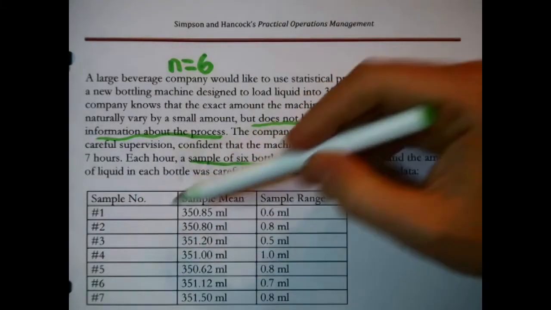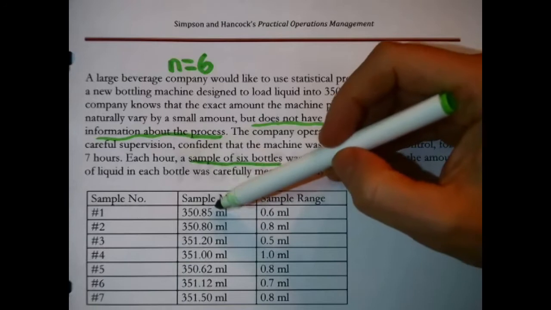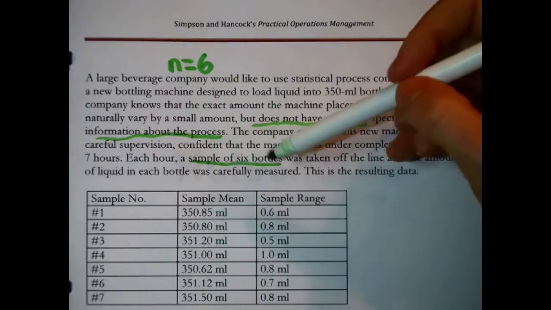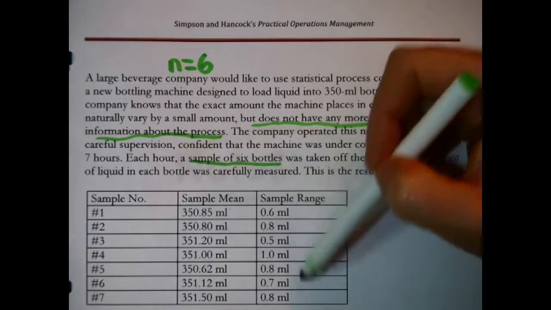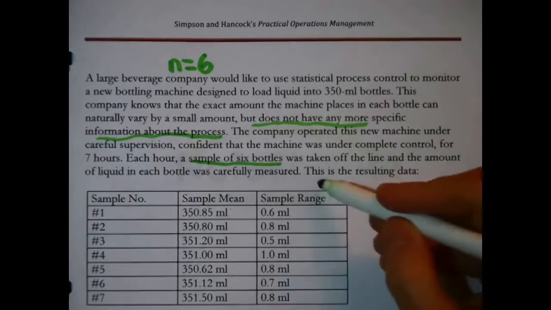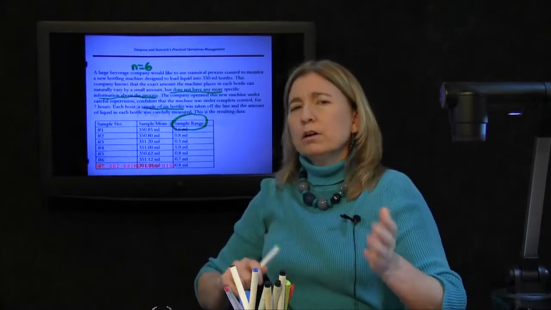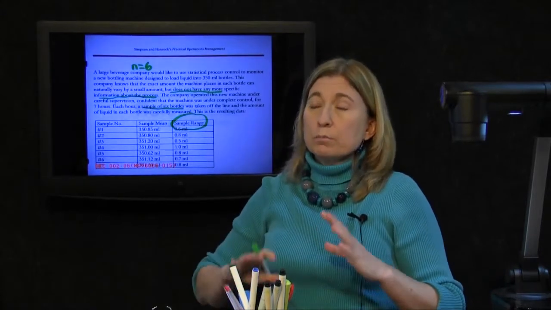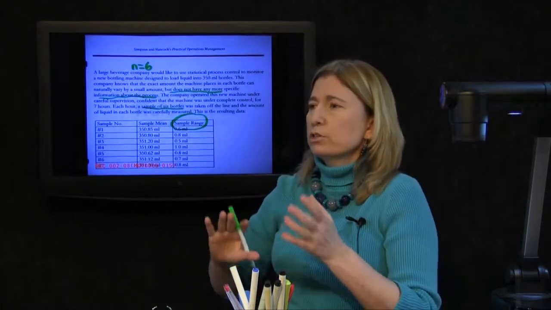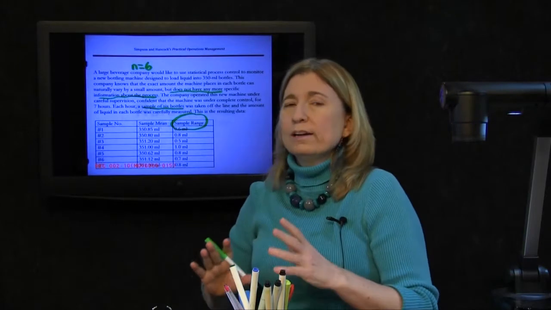So they took 7 samples. This was the average weight of the liquid with each sample, and here is the range. Another important hint right here. How do you know if a situation is a mean chart with known variation or unknown variation? We had 2 big hints.